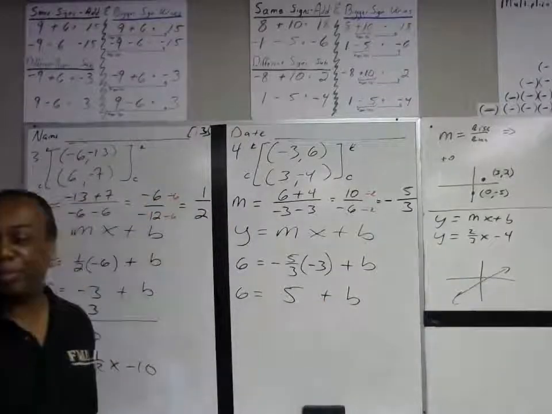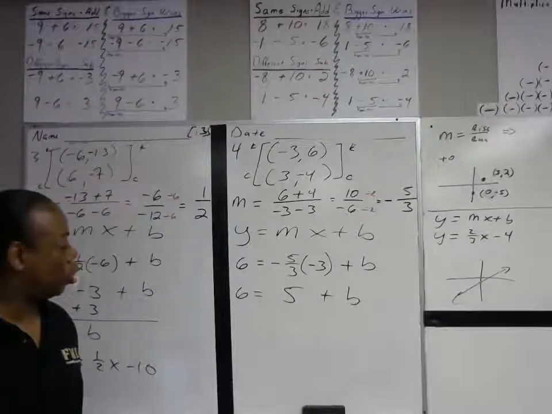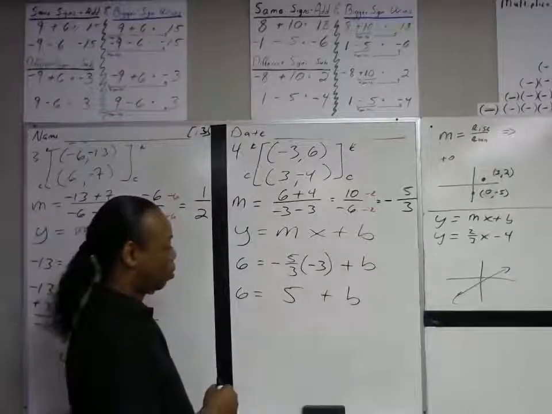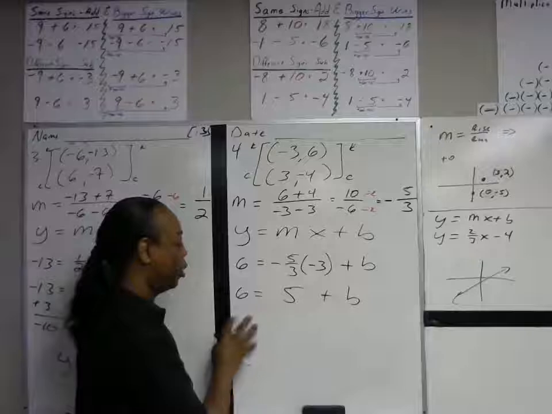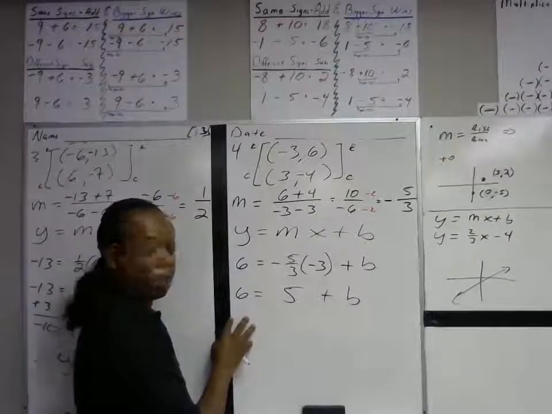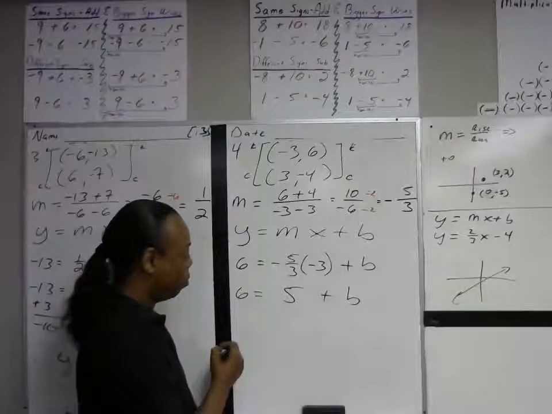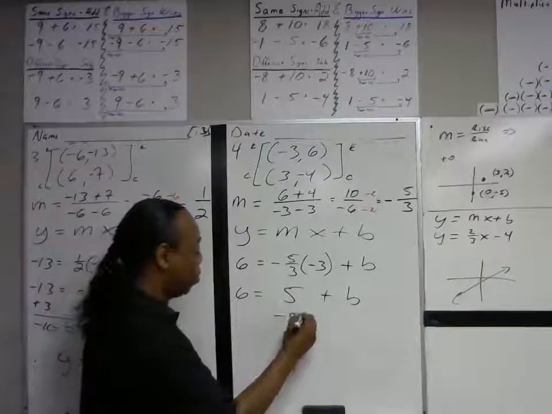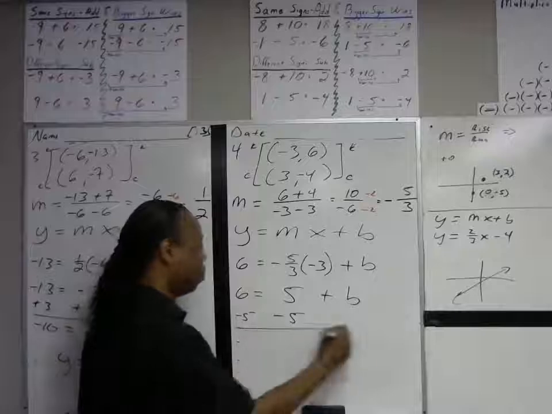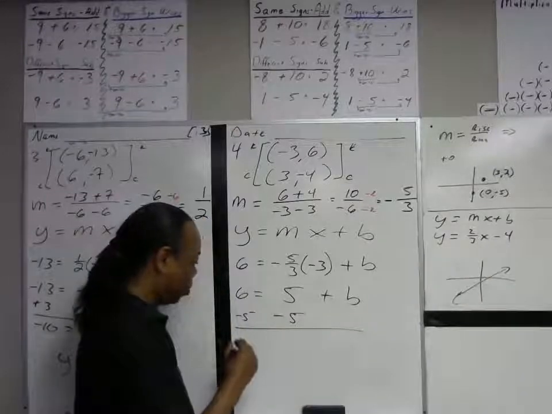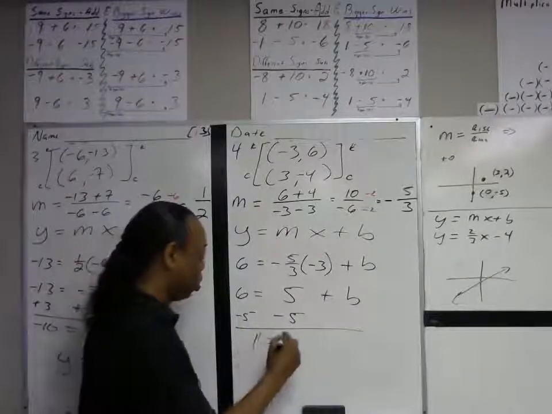All right. Andres, you're next. Finish this out. Finish it. -5 on both sides. Got it? That would be B equals -4. I mean, +4. Right. There you go.